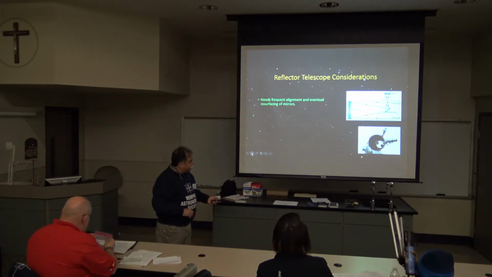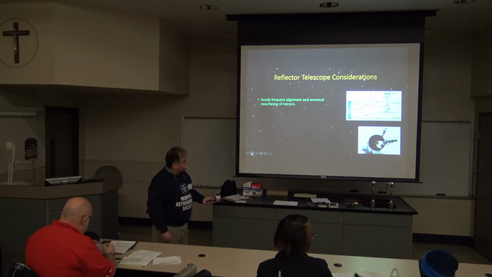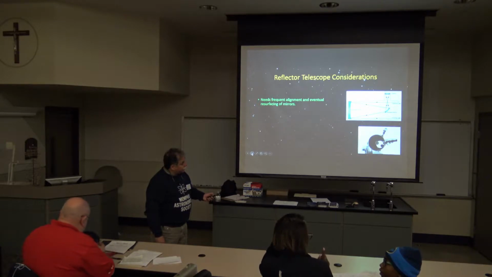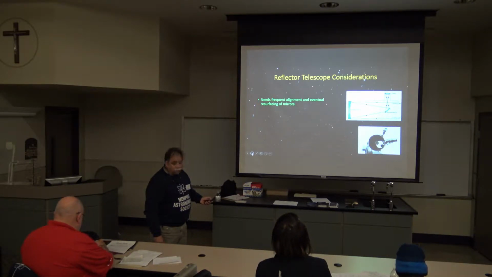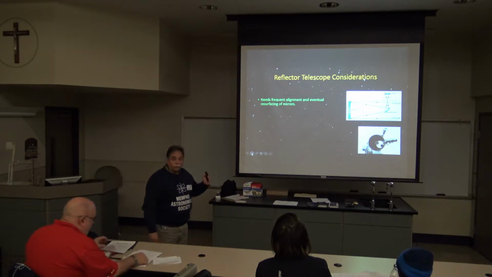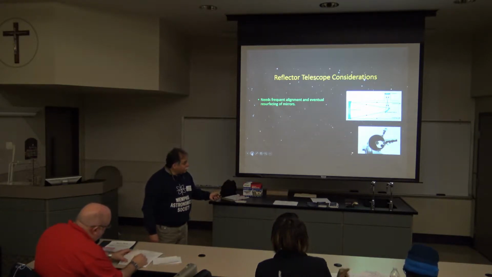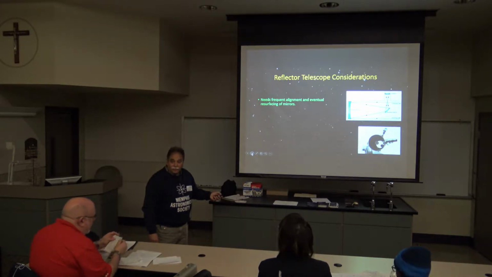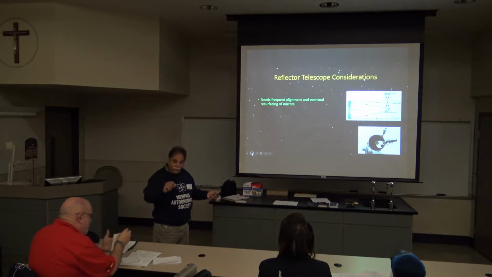This is a real example of a reflector telescope. And you see, this is the central mirror, this piece here, and the main mirror is on the back. One thing that you need to observe if you are going to buy one of these: you see that small spot here in the center? That is for alignment of the telescope. If you buy a telescope and it has that, it's a good thing.